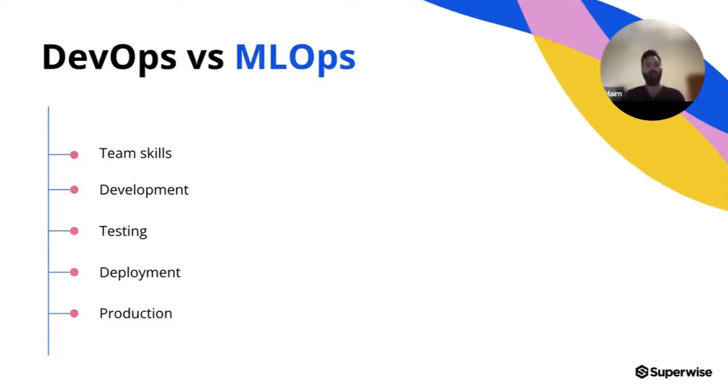And the first one would be the team skills, right? Each one of us probably has worked with, or is by himself, a data scientist. And the actual day-to-day work of a data scientist is mostly experimental. He's doing many experiments. He's exploring his data.